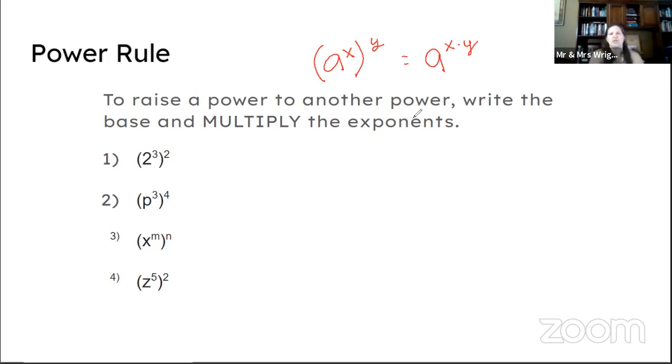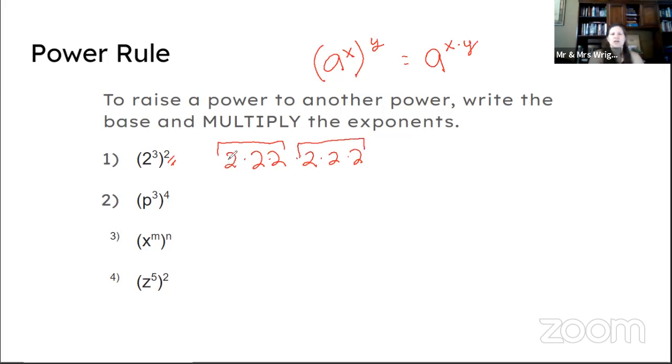And essentially that works because, for example, here, 2 to the power of 3, 2 times. We'd say 2 times 2 times 2. That's 1 time. Well, we need to do that a second time. So times 2 times 2 times 2, right here, right?